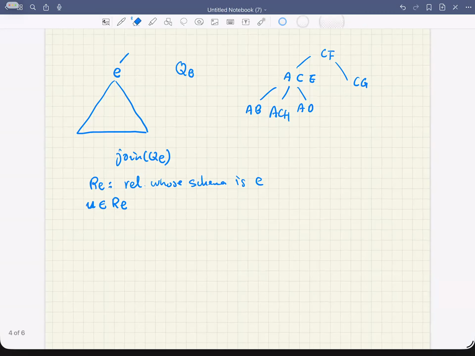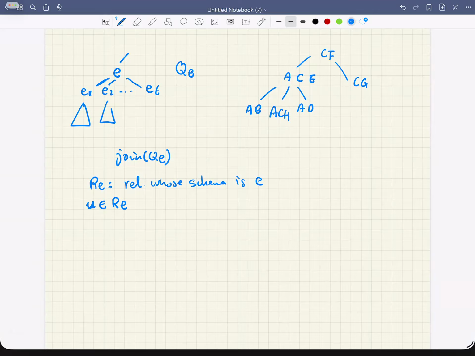Let's drill into the subtree a little bit. Let's say these children are E1, E2, and Et. Each one of them has its own subtree, so we zoom in a little bit. Here you can have ACE as E, and then t will be 3. So this is E1, this is E2, and this is E3.